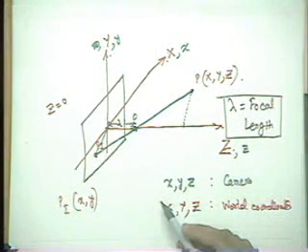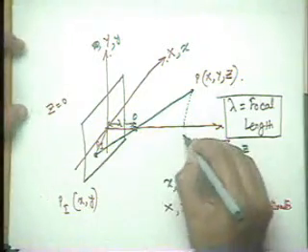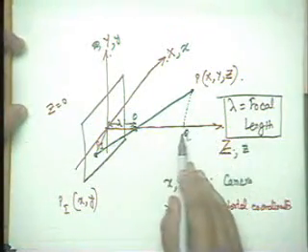And considering the similar triangles, let us say that this point is the point Q. What is the distance OQ?